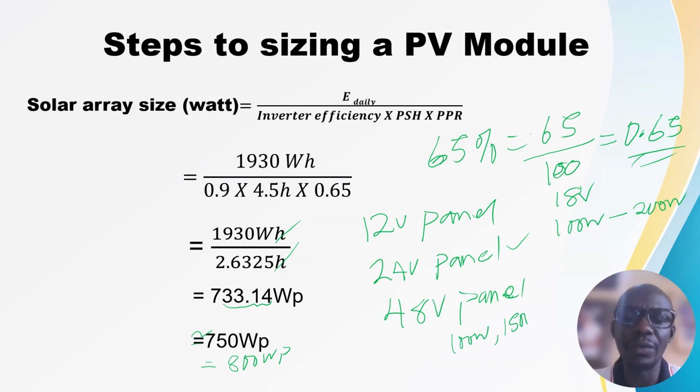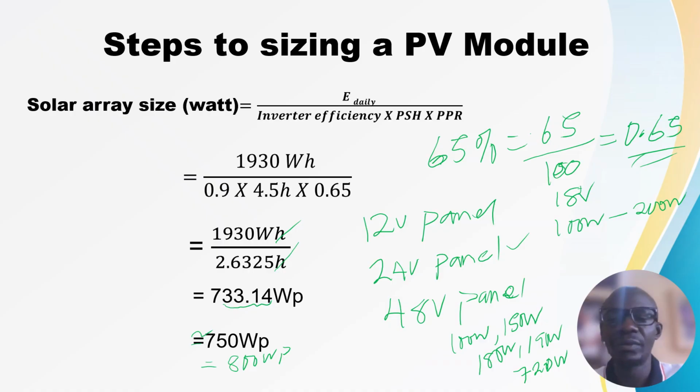We have 150 watts, 180 watts, 190 watts. Presently, we have some high-rated panels of 720 watts, single panel. These ones are more 48-volt panels because their VOC is higher, some up to 50, 55 volts. Hope you got it.